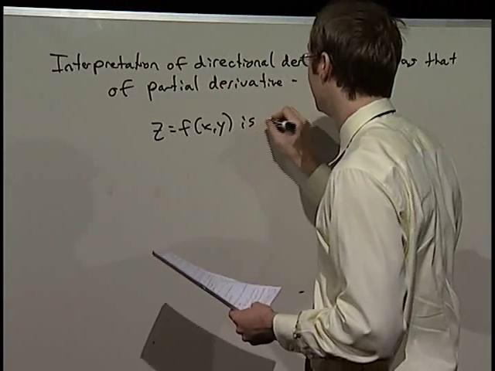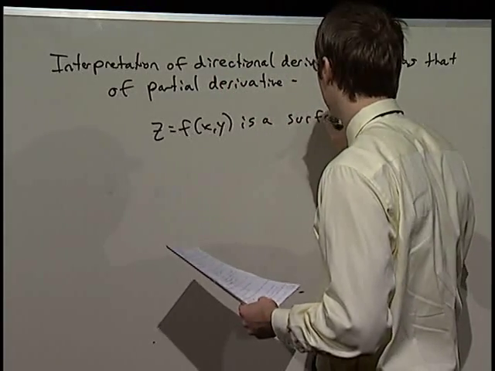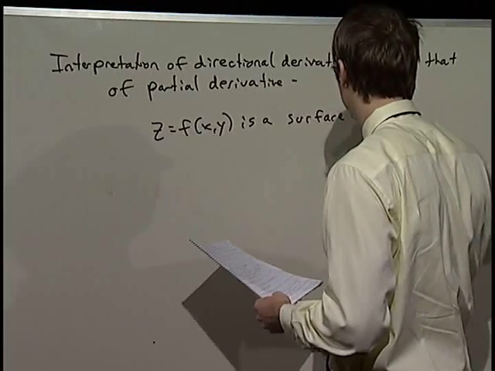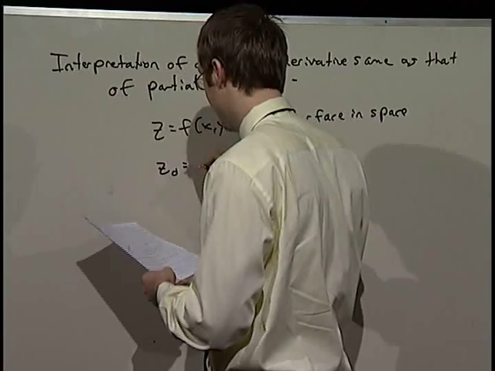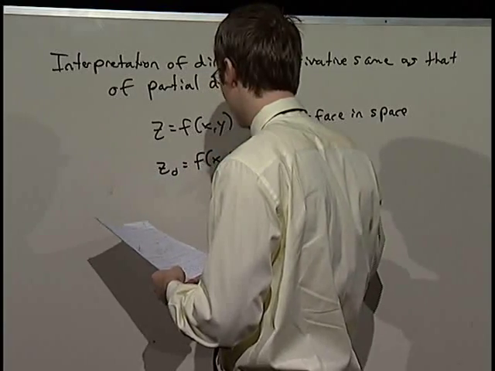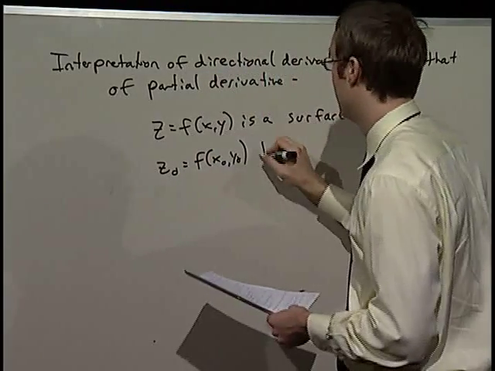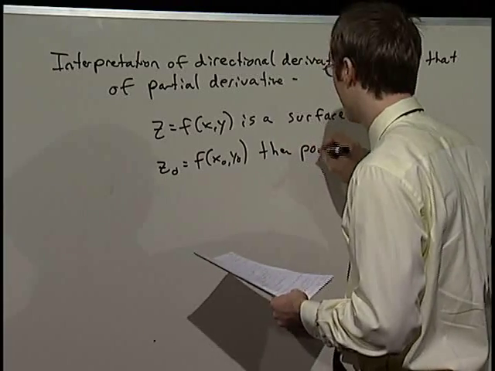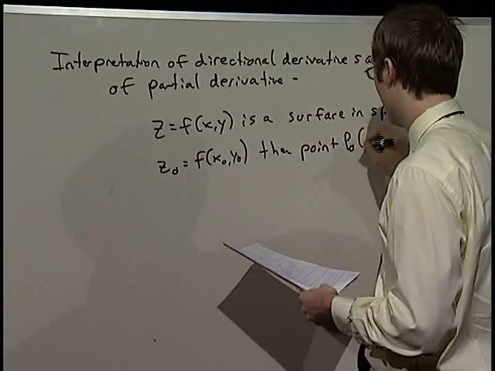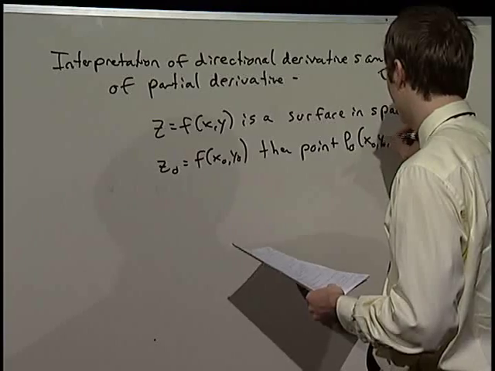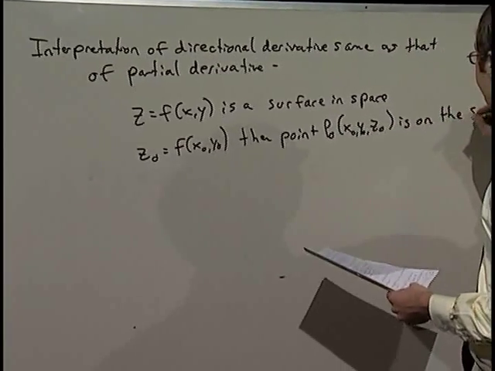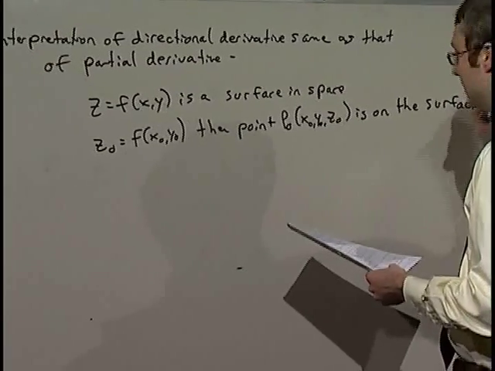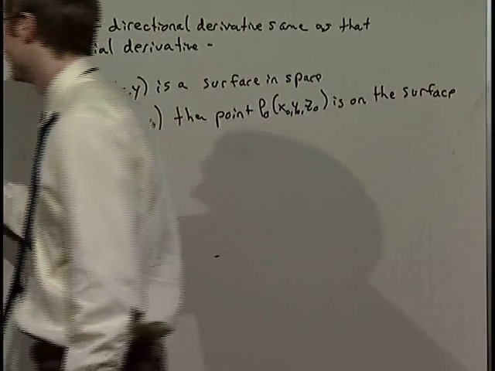All right? So the idea being we have a surface in space. And z naught equals f of x naught, y naught, right? Then the point P naught, (x naught, y naught, z naught), is on the surface. See if I can make a little picture over here.